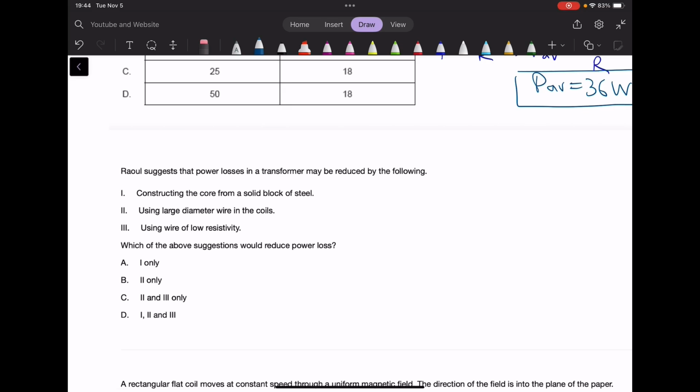For the next problem, we want to reduce power loss in a transformer. How do we do this? So the first one says we can construct the core from a solid block of steel. The second choice says we can use a large diameter wire in coils. And the last choice says we can use wires of low resistivity.